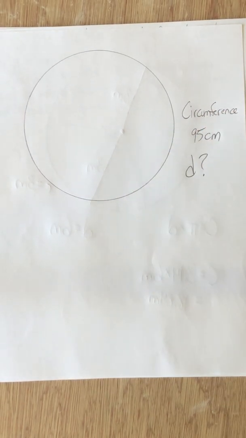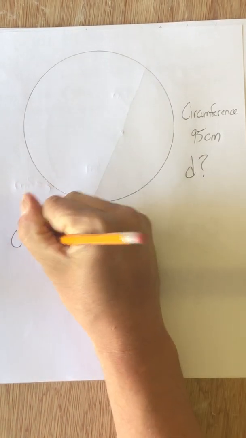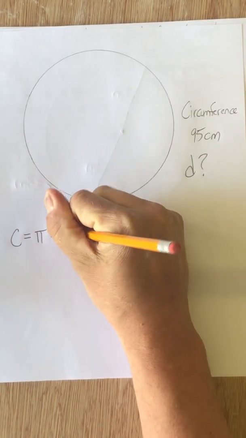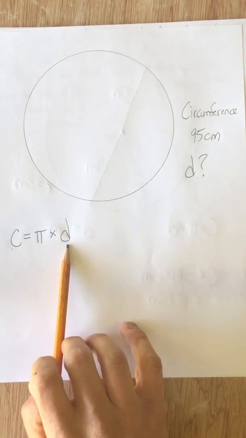What we can do is use that same equation to find the diameter. We know circumference equals pi times diameter. We know the circumference, and we want to find the diameter.